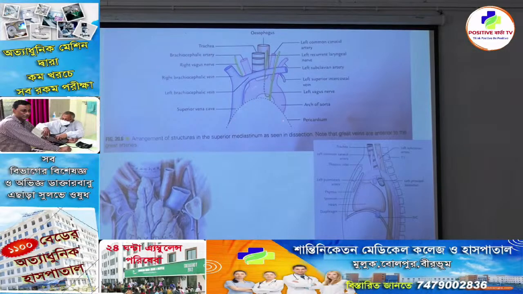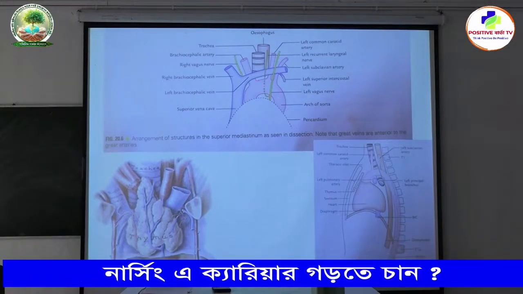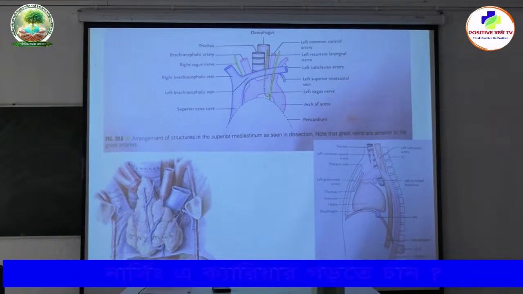Here you can see the arch of aorta and its three branches: brachiocephalic trunk, left common carotid, left subclavian. Here is the trachea, this is esophagus, this is right vagus, this is left vagus. You can see from the left vagus, this branch is known as left recurrent laryngeal nerve, hooking on the undersurface of this arch of aorta and then ascending upward at the tracheoesophageal groove.